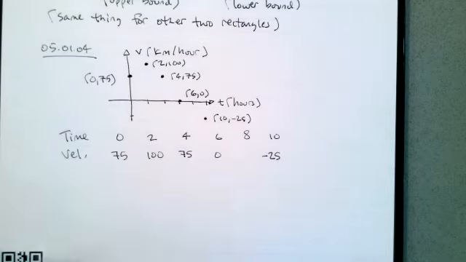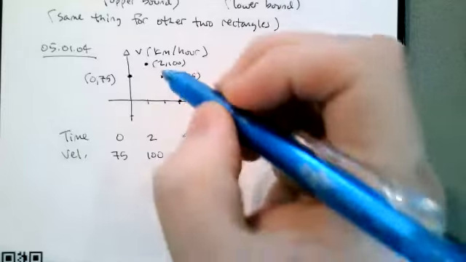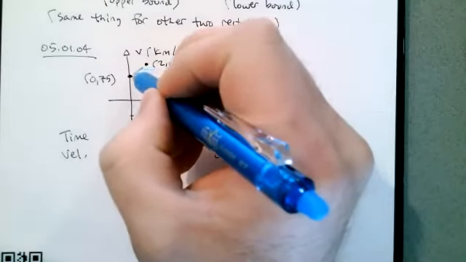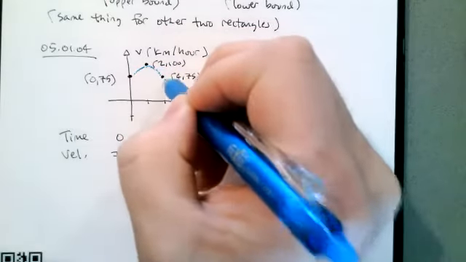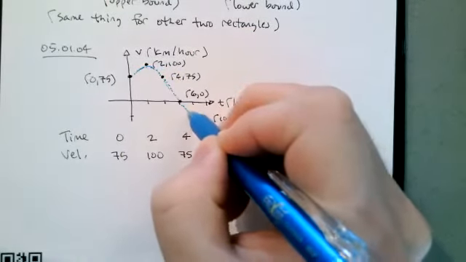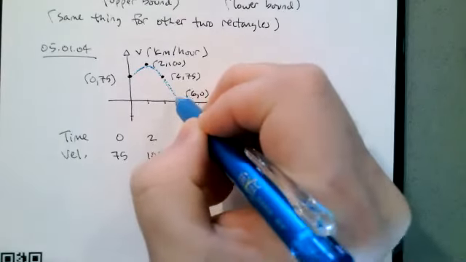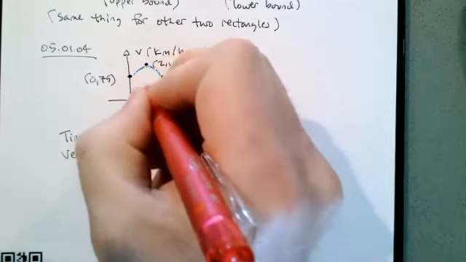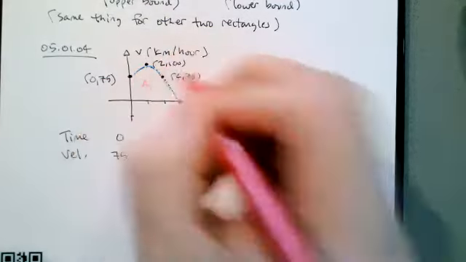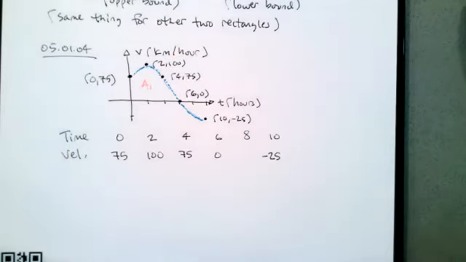The graph is doing some stuff, not exactly this, but for those first 6 hours, we're traveling away from home. I'm going to call this area A1.